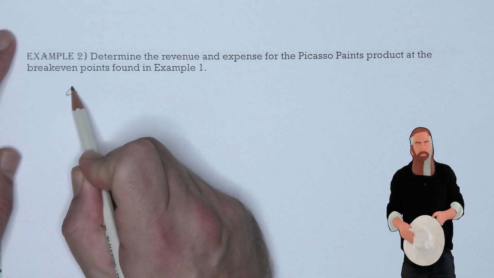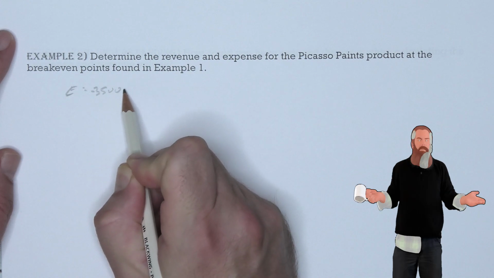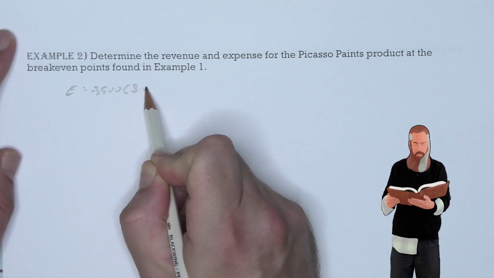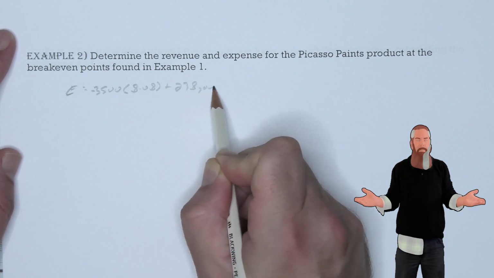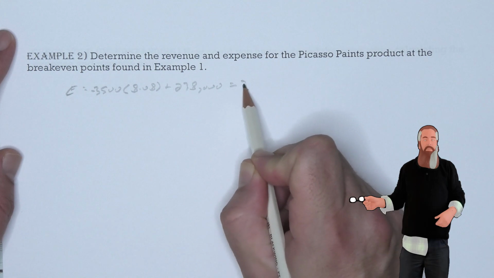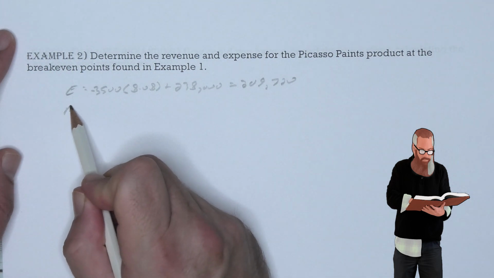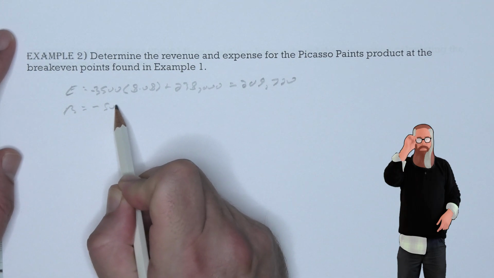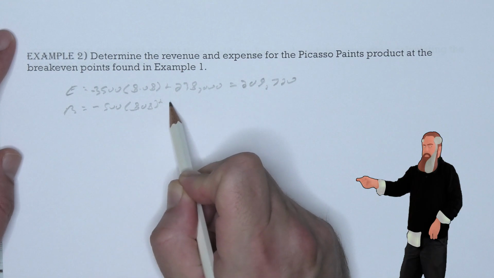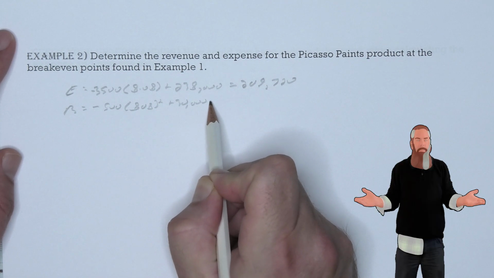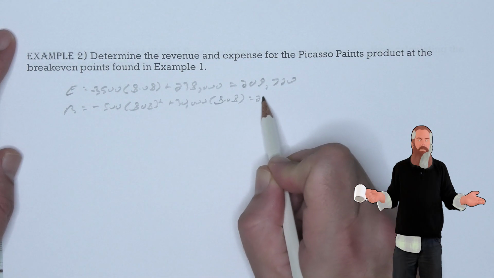So if we look at the expense equation, that would now be negative 3,500 times 8.08 plus 238,000. And this is going to give us 209,720. For the revenue function, we would have negative 500 times 8.08 squared plus 30,000 times 8.08.